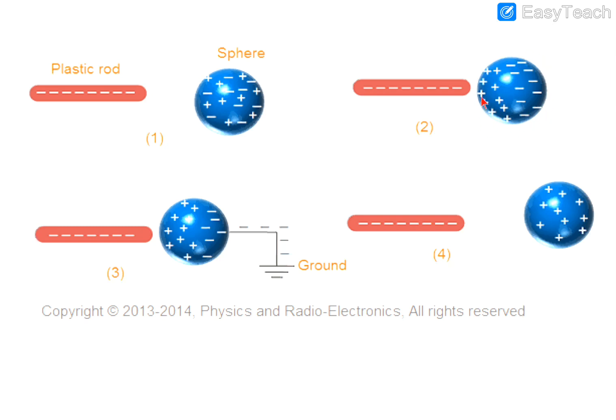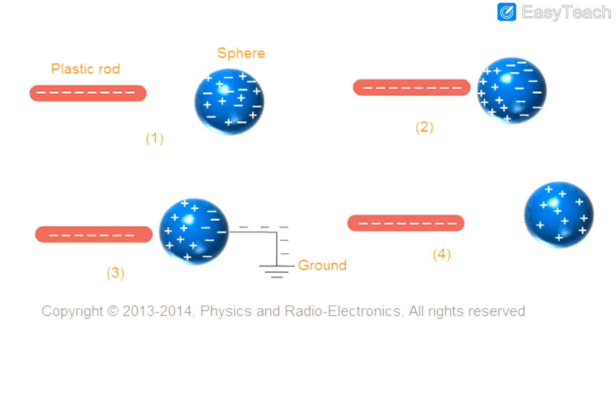Now positive charges are coming to one side and negative charges are going to another side. Since the rod is negatively charged, positive charges will come near to it and negative charges will move away from it, because negative charges will attract positive charges, and negative will repel negative charges. So they will move far apart.